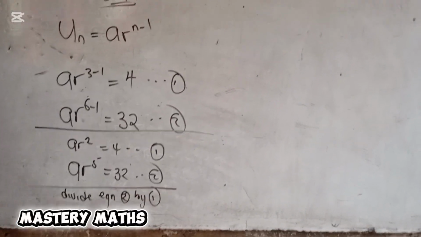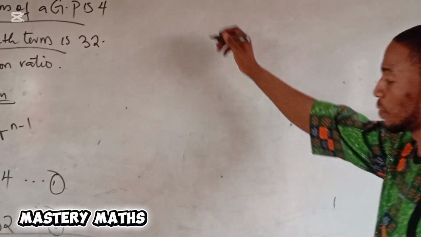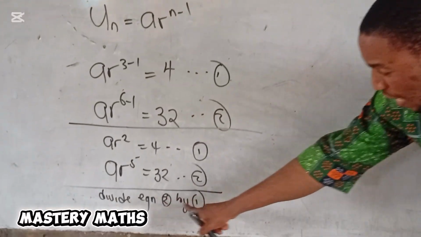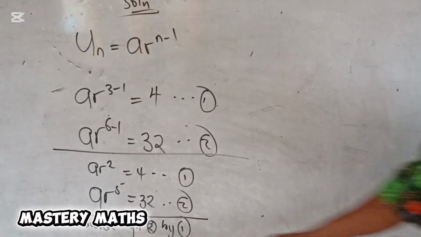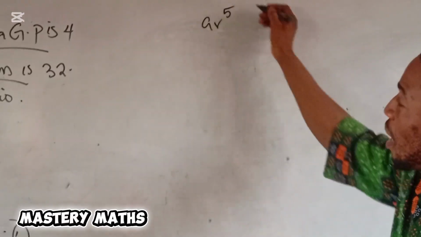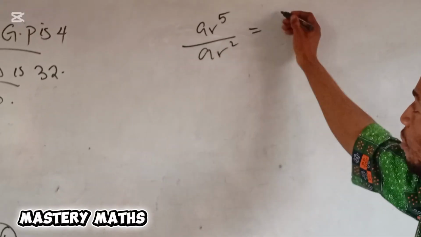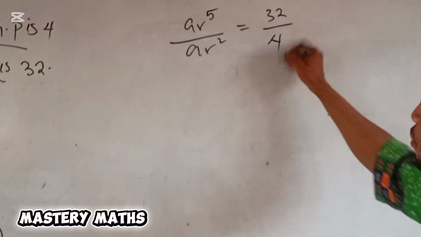So we divide: AR raised to the power 5 over AR raised to the power 2, equals 32 divided by 4.